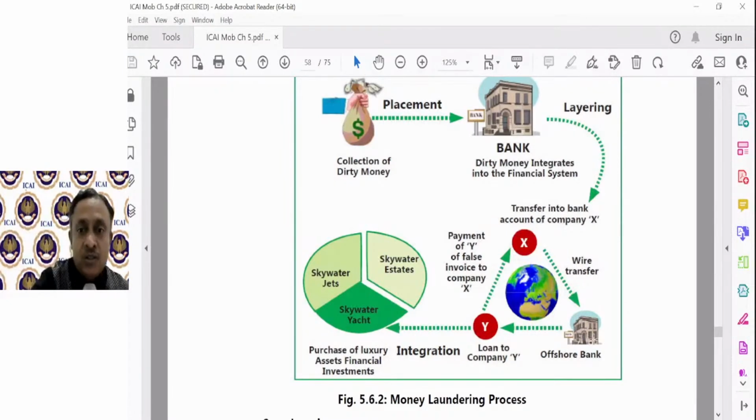Then this bank outside India gives a loan to company Y. And this loan again brings the money to X. Because the route appears that the money is coming from outside India or outside the country of origin, it appears genuine. So layering is trying to give more genuineness to the transaction, trying to make it absolutely opaque as to where the money has come from.